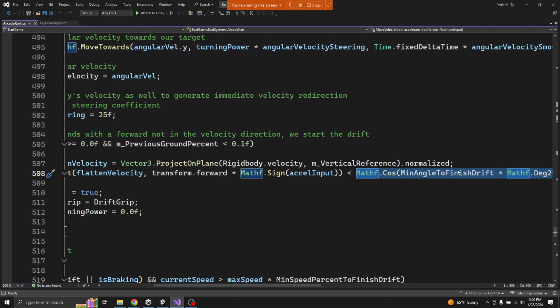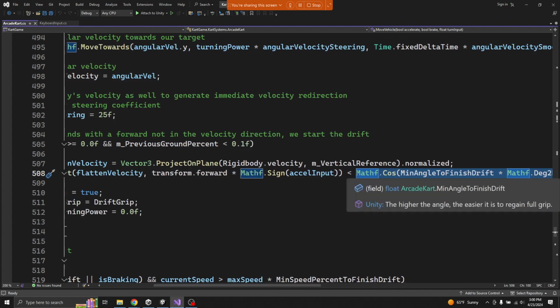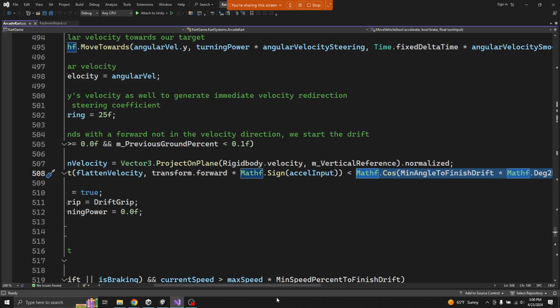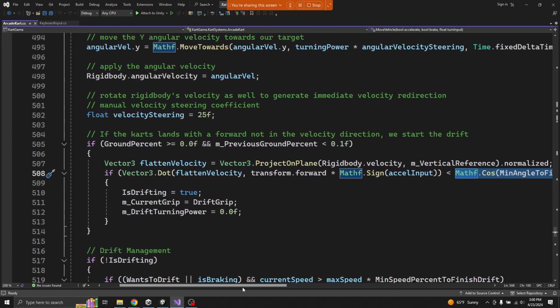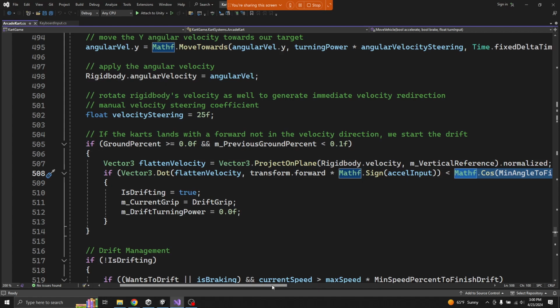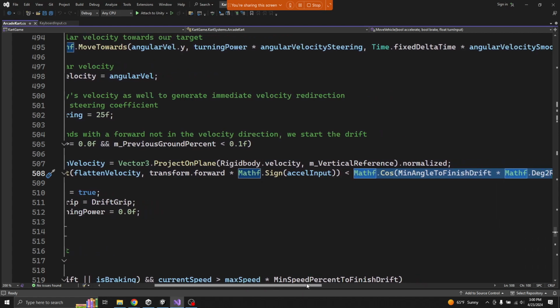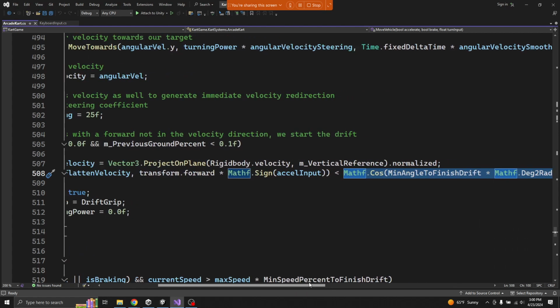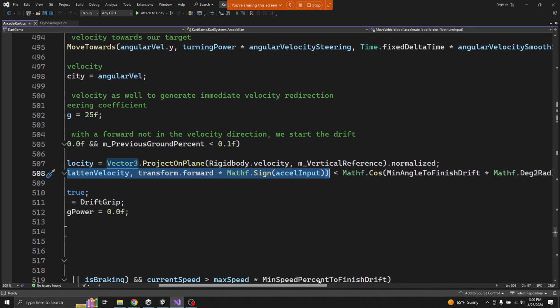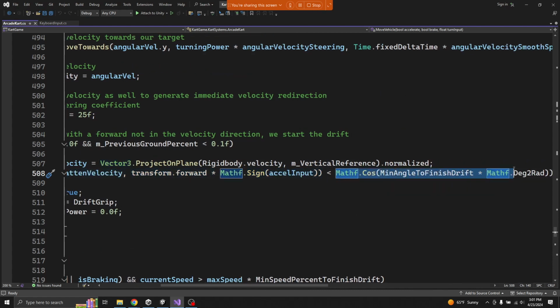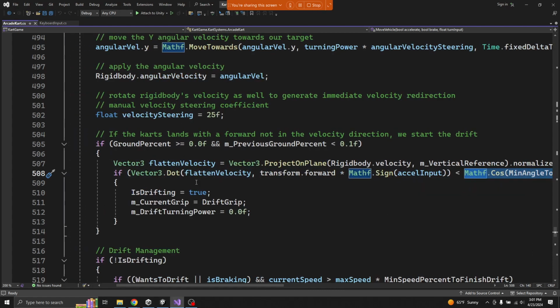So now that we know what this will come out to, we're dotting. So all this is within a dot method. Let me just make sure. Oh, no, sorry. If this dotted is less than this, then we say that we're in a drift.